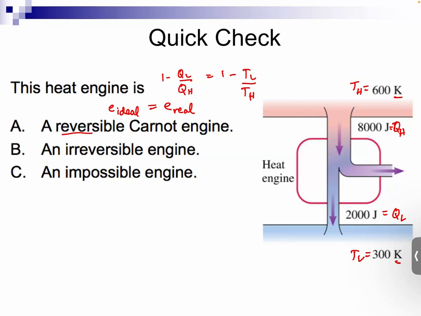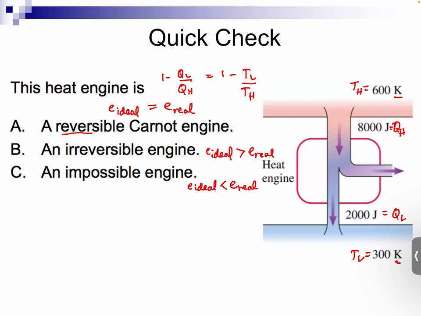It's an irreversible engine if the ideal efficiency is greater than the real efficiency, because of frictional losses, the actual efficiency of the real engine will be less than the efficiency of the perfect engine. So this is how you determine whether it's an irreversible engine. And it's an impossible engine if the ideal efficiency is less than the real efficiency.